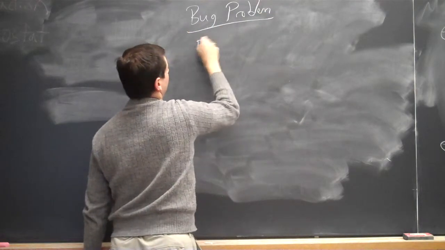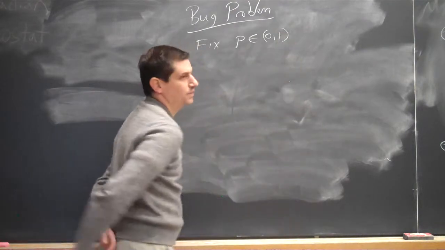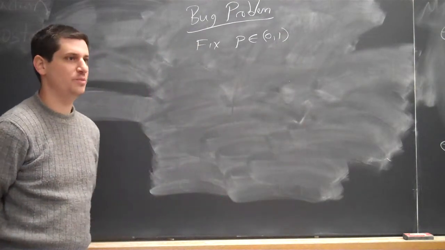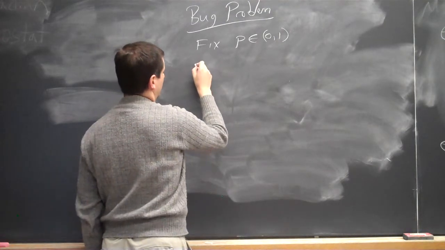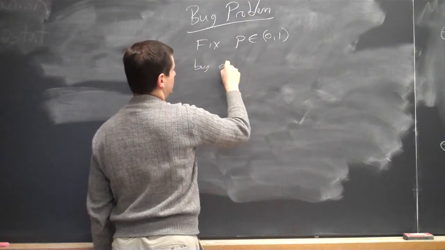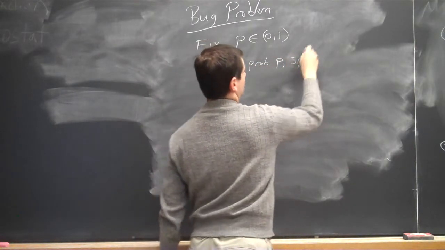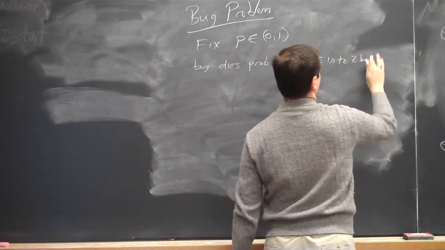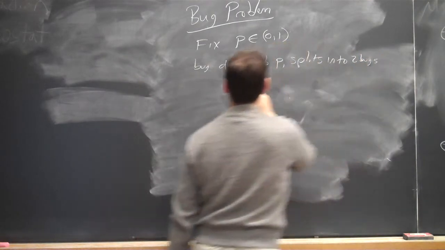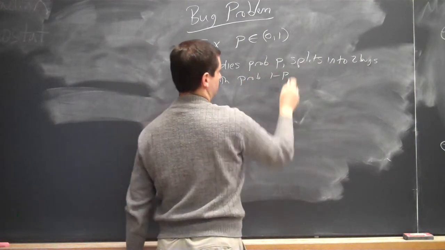And so, fix a p in (0, 1). So if p equals 0 or p equals 1, the problem is not that interesting. So, a bug dies with probability p, splits into 2 bugs with probability 1 minus p.